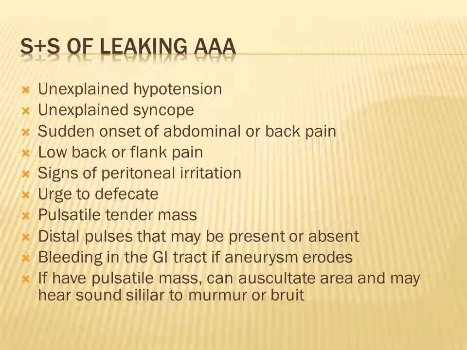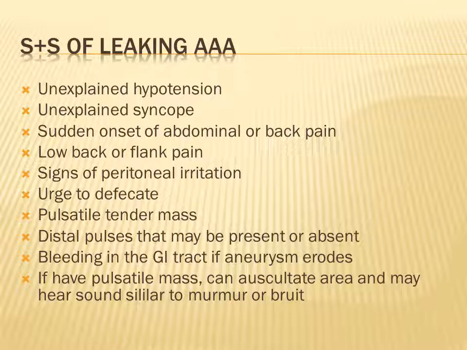Usually the patient with an aortic aneurysm, their pain doesn't gradually get worse with the leakage or the rupture. It's very intense, a sudden onset of massive pain. They'll have signs of peritoneal irritation, a lot of abdominal pain, maybe guarding, and some rigidity can be present. They have that urge to defecate, and that's caused by the pressure from the blood leaking into the retroperitoneal space. Pulsatile tender mass.